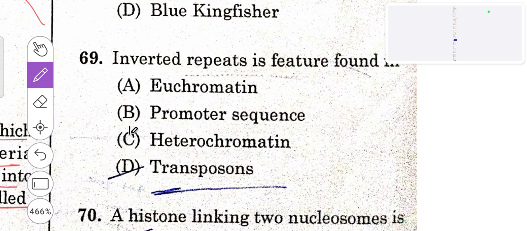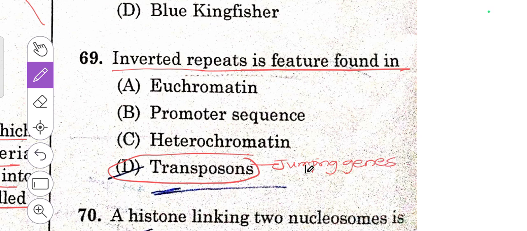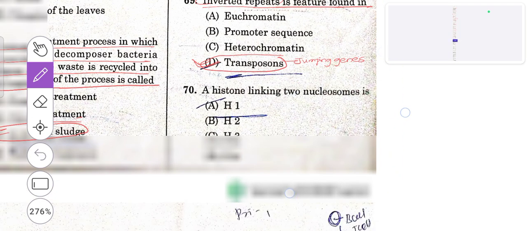Then 69th question, inverted repeats is a feature found in transposons. These are called jumping genes. So these have inverted repeats. So D is the right answer.